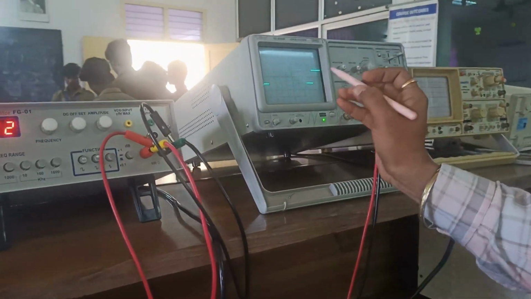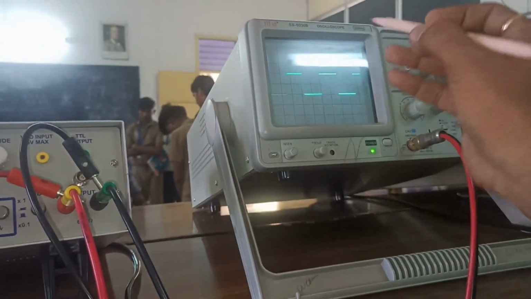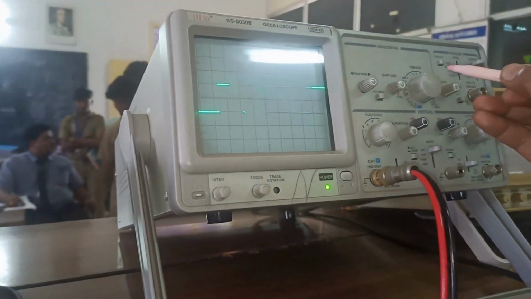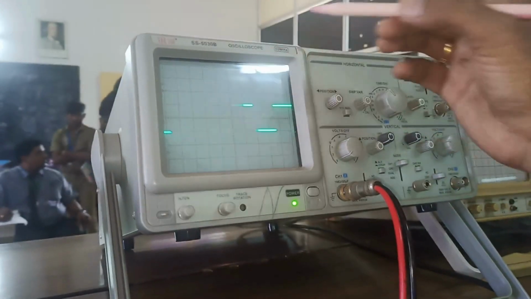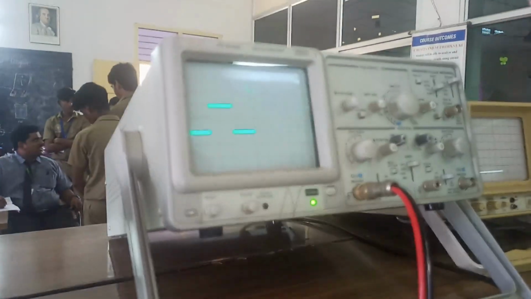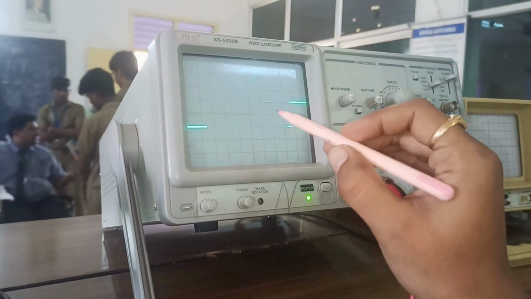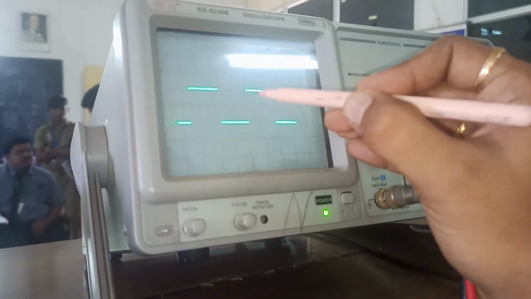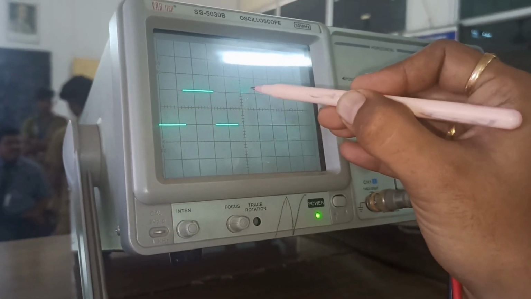Here we have two axes. This is the horizontal axis, this is the vertical axis. The horizontal axis is with respect to time, the vertical axis is with respect to voltage. We have to set the peak to peak voltage as 10 volts. Here you can see each division is 0.2, 0.4, 0.6, 0.8, 1.